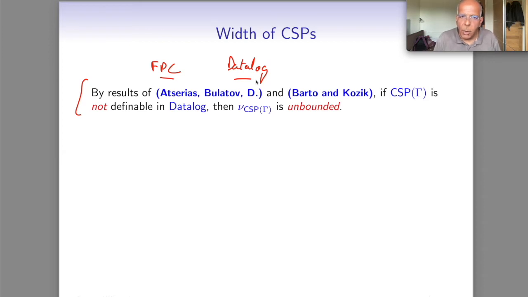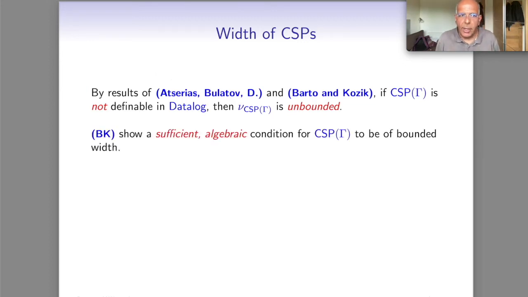It can't express any more. And not just FPC, any constraint satisfaction problem which has bounded counting width is Datalog definable. Okay, I should say, whenever I say CSP gamma is definable in Datalog, I mean its complement is definable in Datalog. But I'll use this shorthand.